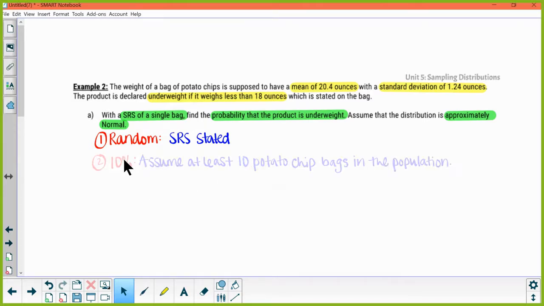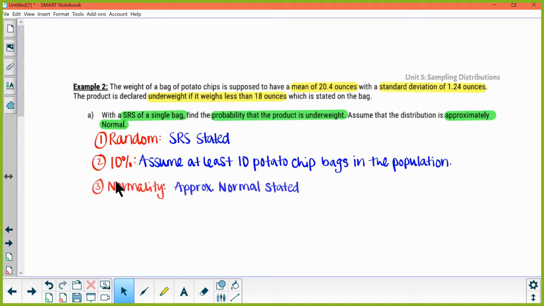For my second condition, it's going to be the 10% condition. We're going to assume at least 10 potato chip bags are in the population because our sample is only 1, n is currently 1. And for normality, this one's pretty nice because it says approximately normal stated.